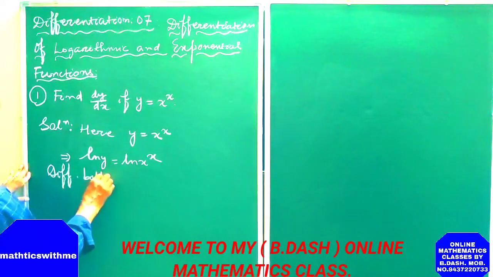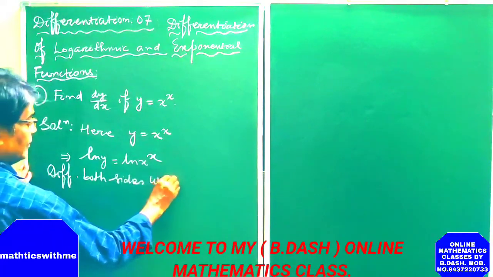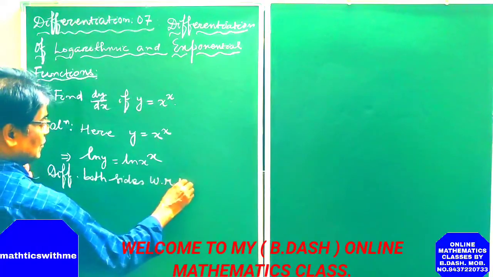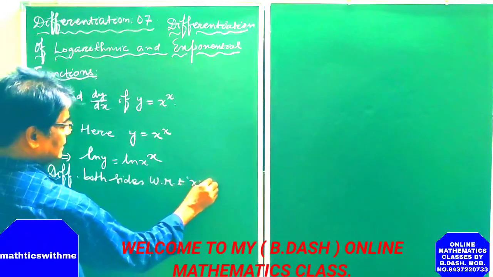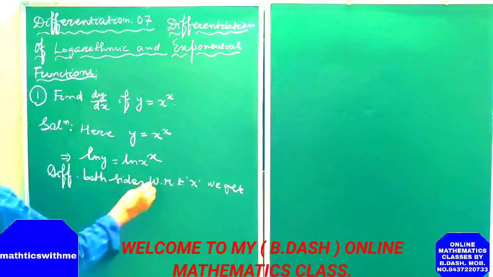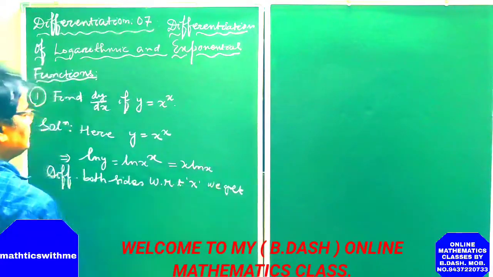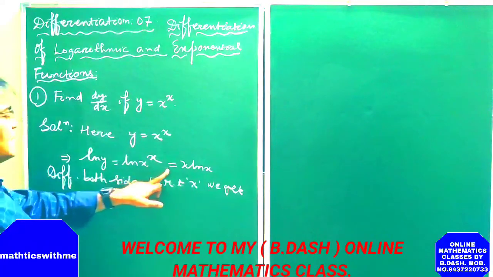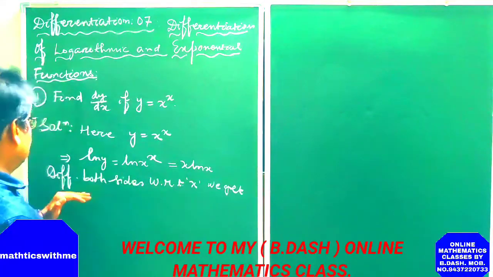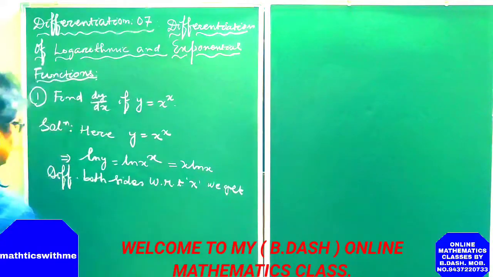Differentiating both sides with respect to x, we get... So here this is equal to x ln x. ln x to the power x can be written as x ln x.